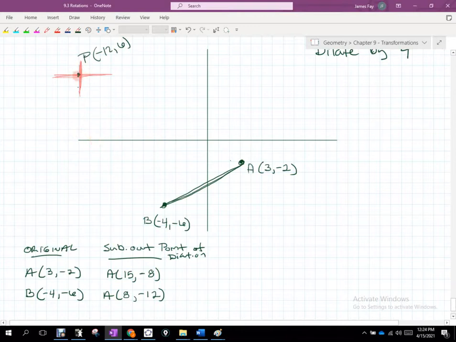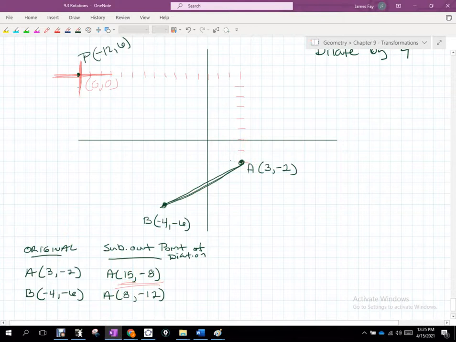But if that was my pseudo origin, if that was redefined as 0, 0, is this point A 1, 2, 3, 4, 5, 6, 7, 8, 9, 10, 11, 12, 13, 14, 15? Is it 15 units away from point P to the right? And then it's down 1, 2, 3, 4, 5, 6, 7, 8 units, right?